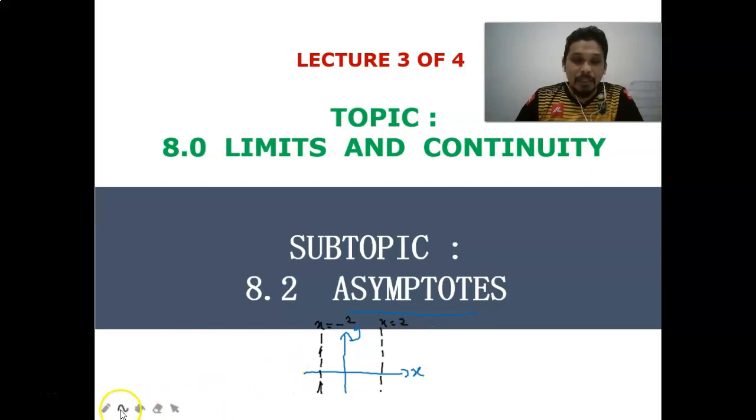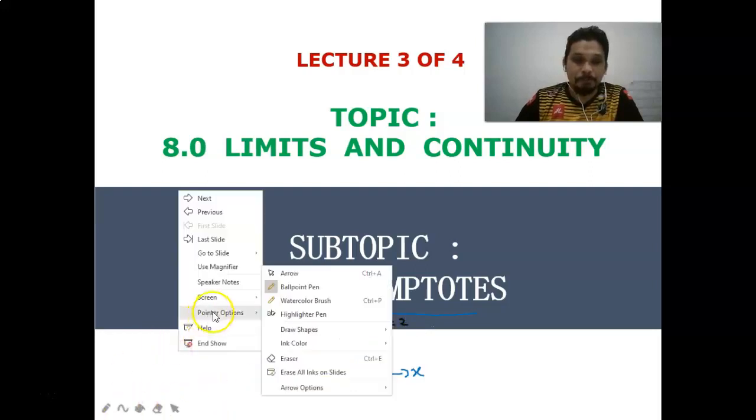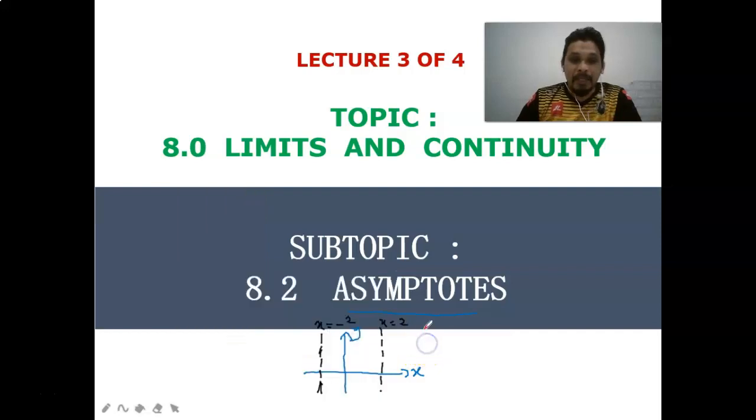Okay, so now an asymptote is something we call a line that the graph will get closer and closer to, but it will never touch or even cut the line of x equal to -2 and x equal to 2.